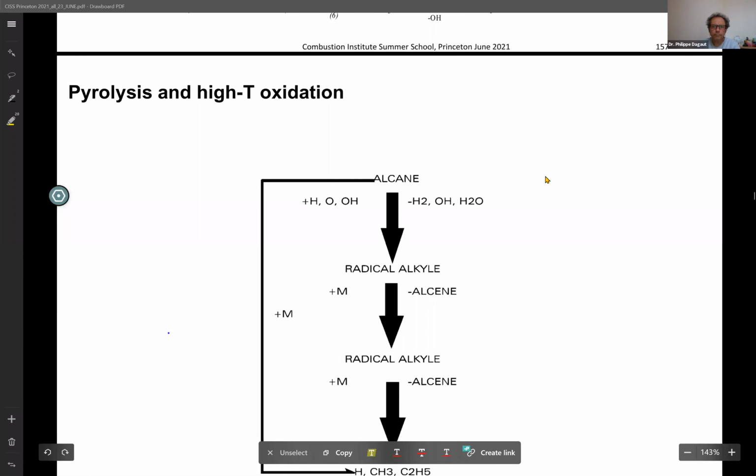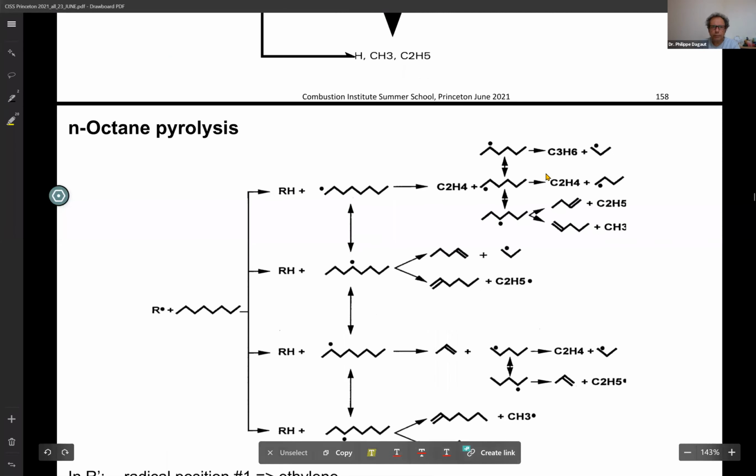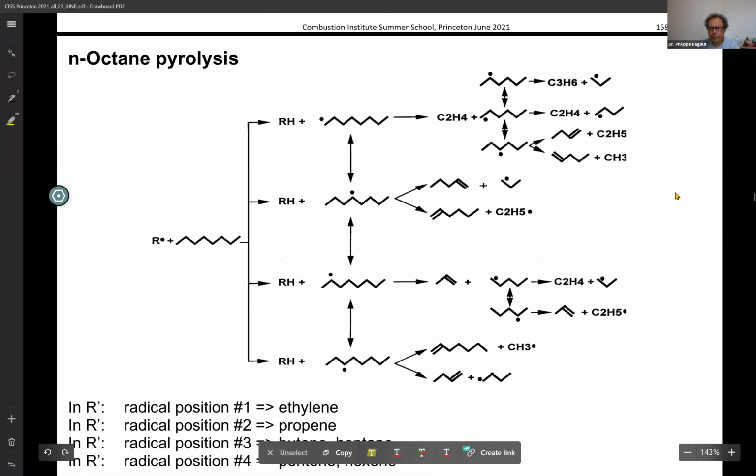This is represented here in the case of normal octane. So you start with a C8 alkane that reacts with a radical which will abstract an H atom from the carbon chain. So there are 4 different positions.